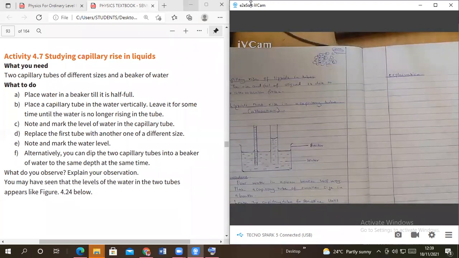Hey, boys, Pav? Yes, teacher. Are you thinking? I think the answer is because the smaller tube, I mean the narrow tube, is having the smaller diameter, and so that's why the water level is high in it.